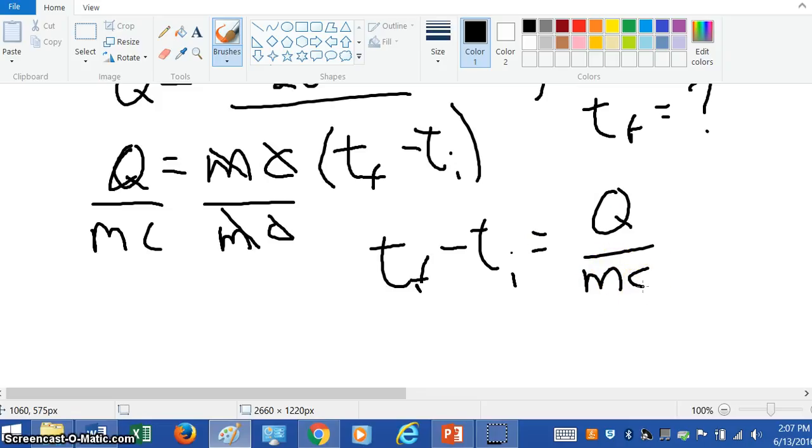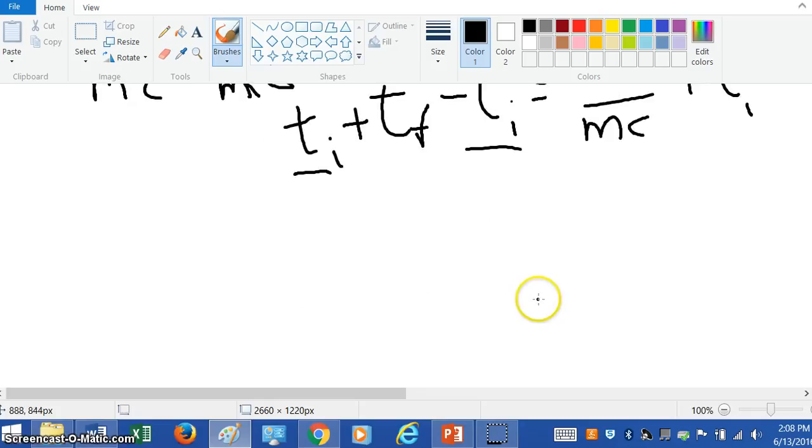And then to solve this, since we were trying to solve for T final, what I'm going to do is add T initial to one side, and then add T initial to the other side. The reason that we do that is, of course, if you had positive T initial and minus T initial, the T initials go away on the left-hand side in this case.